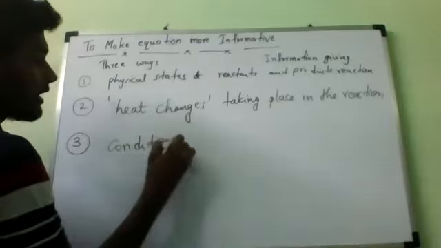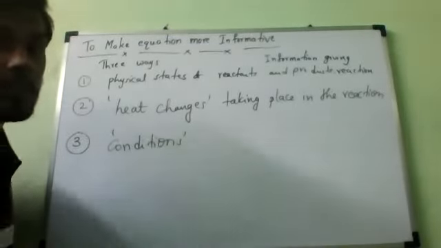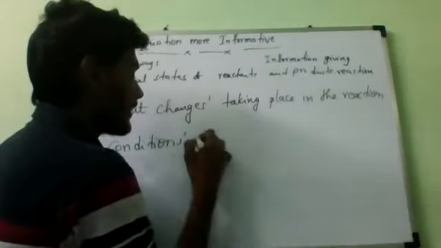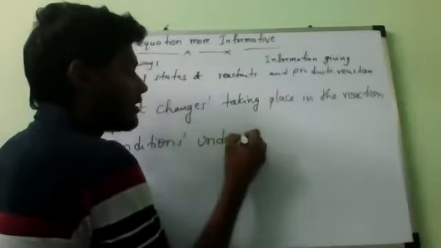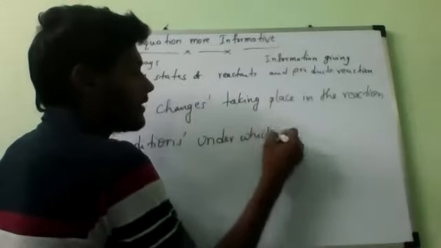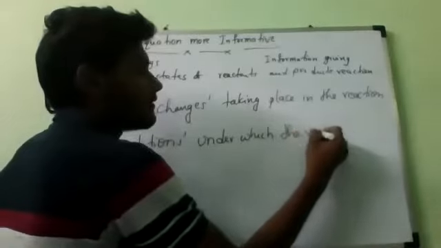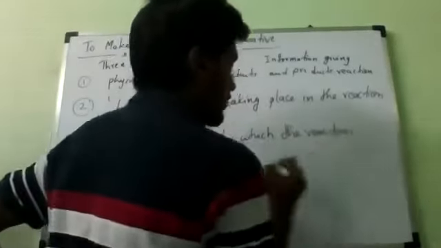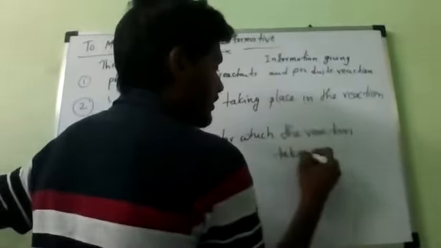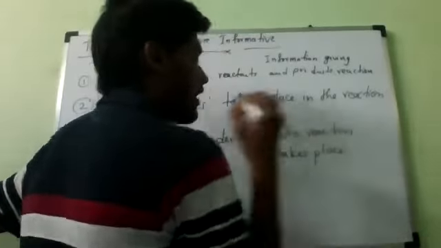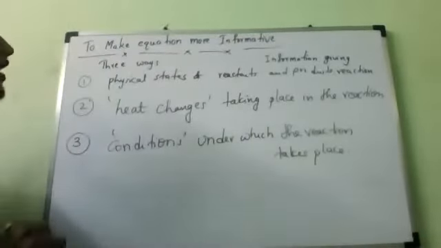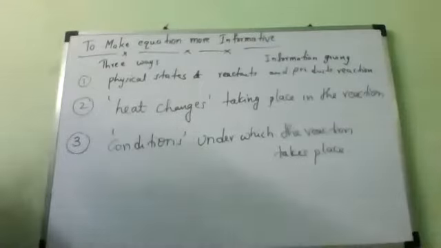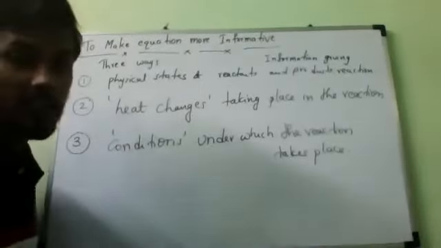Mentioning the conditions under which the reaction takes place also makes the equation more informative. So this is all about the ways of making the equation more informative, or information-giving equation.